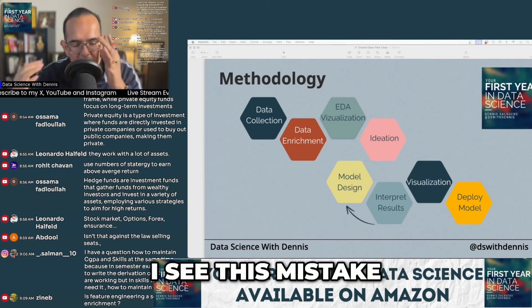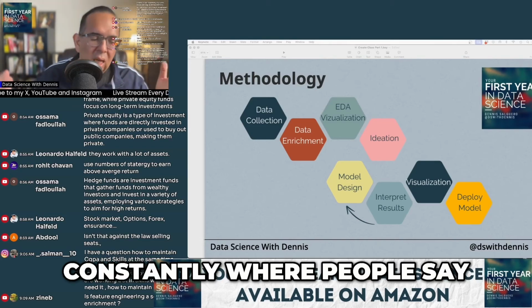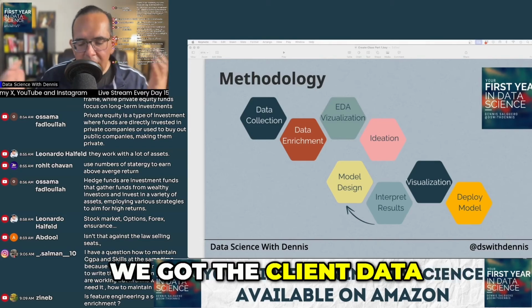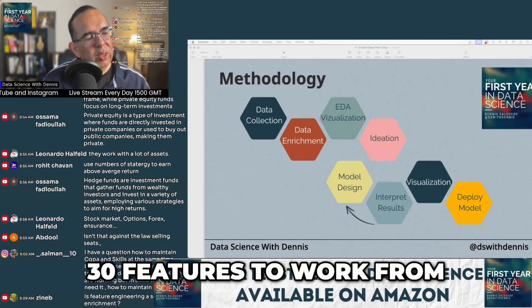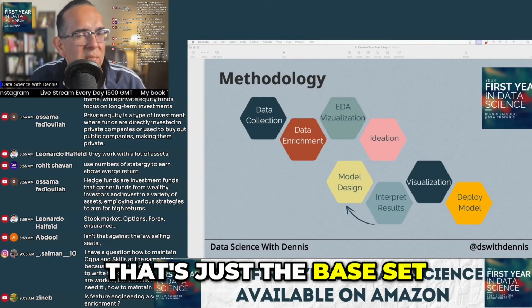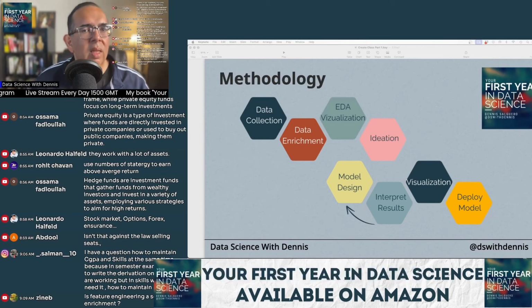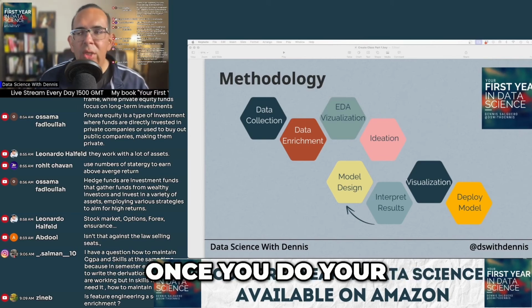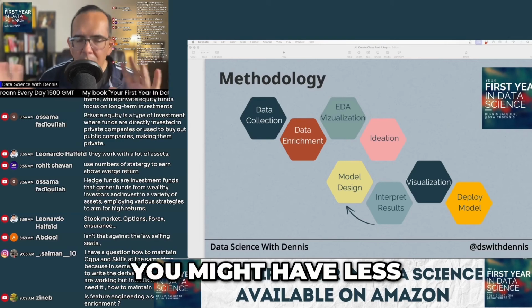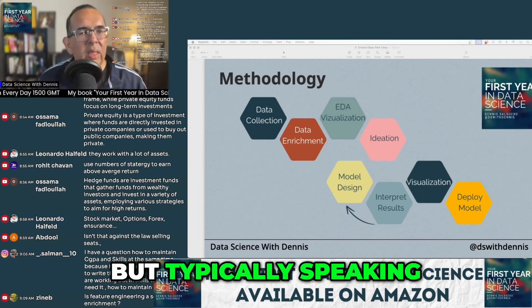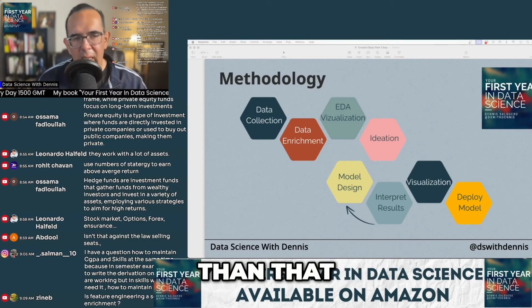I see this mistake constantly where people say, "Oh, we got the client data. There's 30 columns. That means we have 30 features to work from." No. That's just the base set, right? Once you do your transforms and your enrichment, you might have less, but typically speaking, you should have more than that, right?